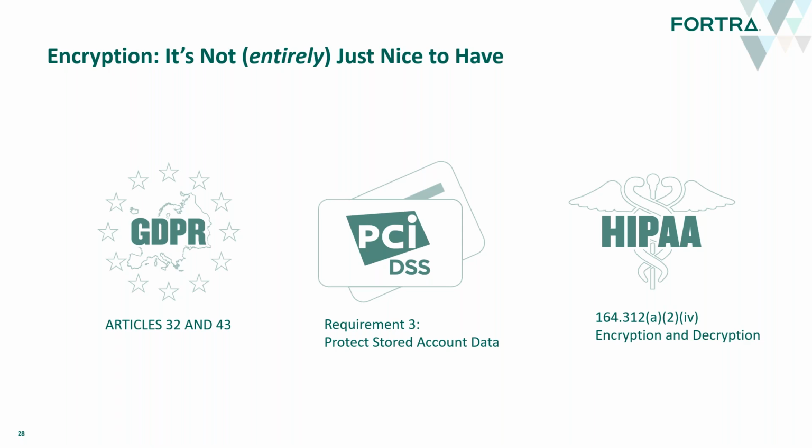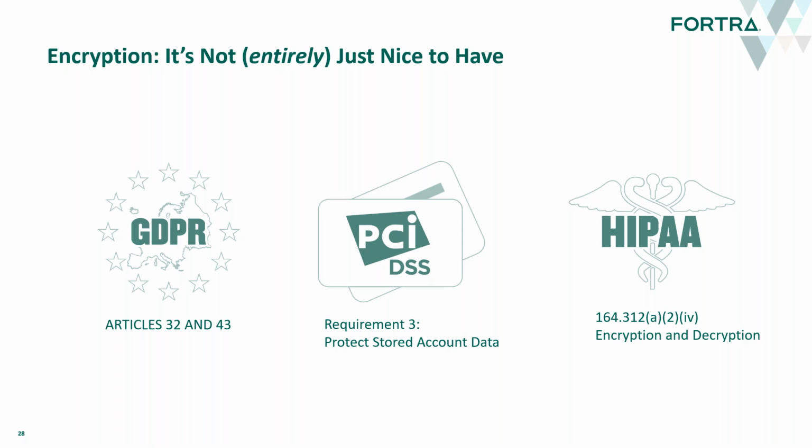A number of them specifically call out encryption as a way to protect that sensitive data that you've identified during that data classification exercise. So GDPR, Articles 32 and 43 explicitly call out encryption. PCI DSS, the Data Security Standard, Requirement 3 specifically calls out protecting that stored account data and explicitly defines encryption as a method for that.